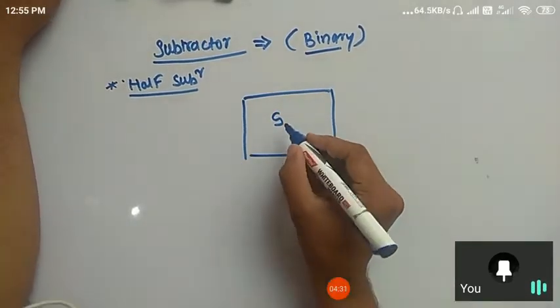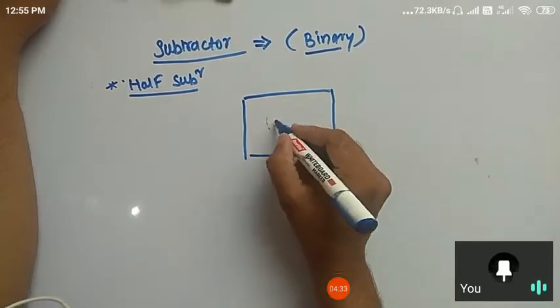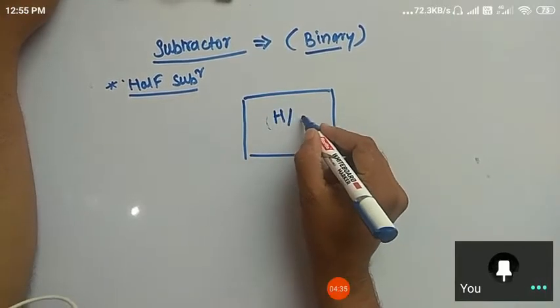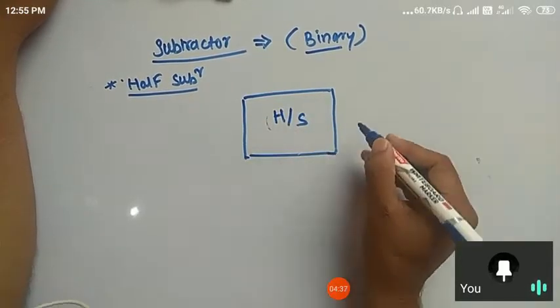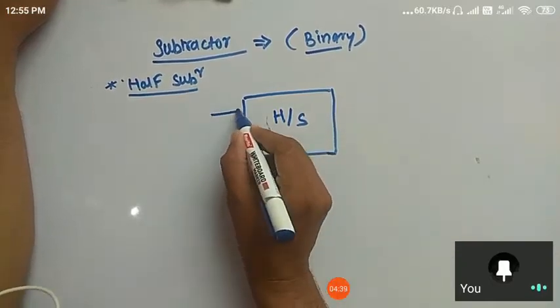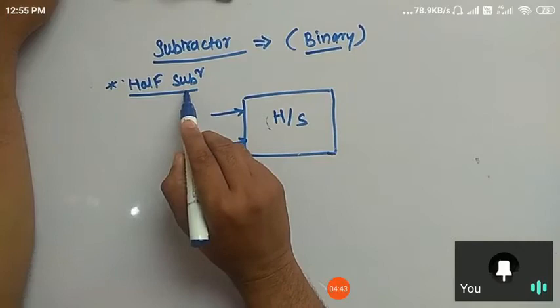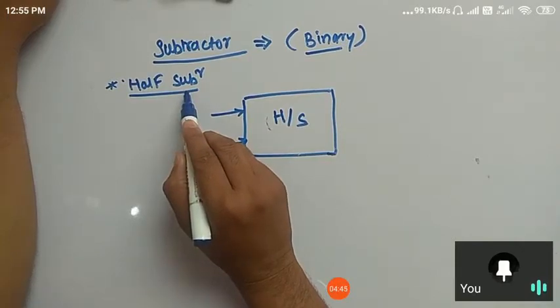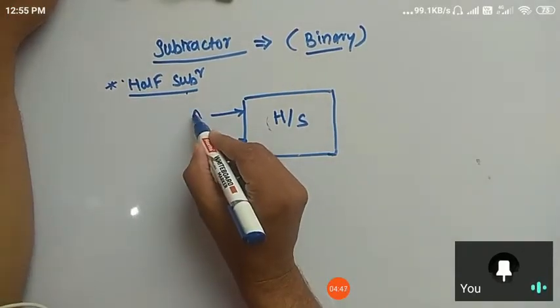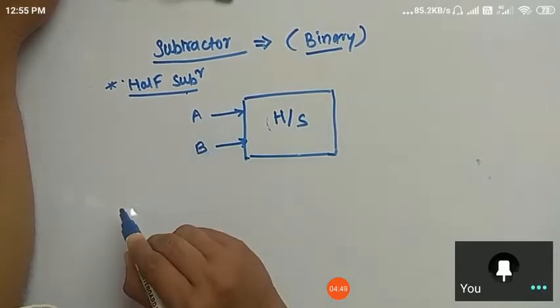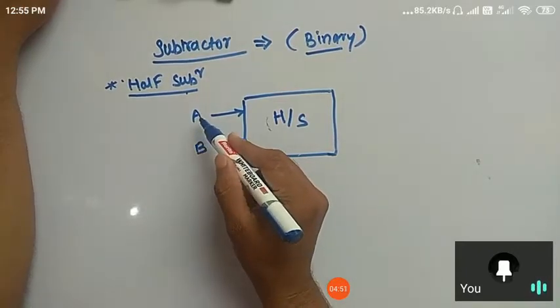Can anyone tell me what is meant by half subtractor? Yes. How many inputs will be there? Yes, there will be 2. That means a combinational logic circuit that computes the subtraction operation on 2 binary digits.